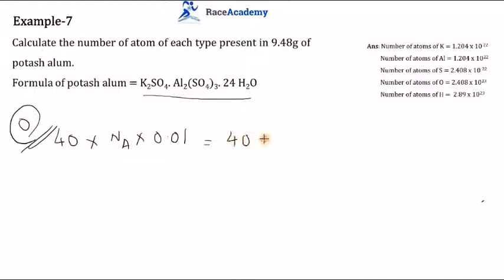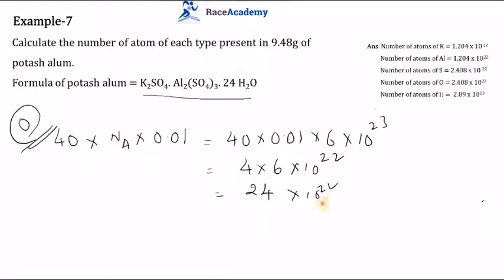Then 40 into 0.01 into 6 into 10 to the power of 23 is the simplification. That is 4 into 10 power minus 2 into 10, is 10 power minus 1. So 4 into 6 into 10 to the power of 22. So your answer is 24 into 10 to the power of 22 atoms of oxygen, or else we can write 2.4 into 10 to the power of 23.